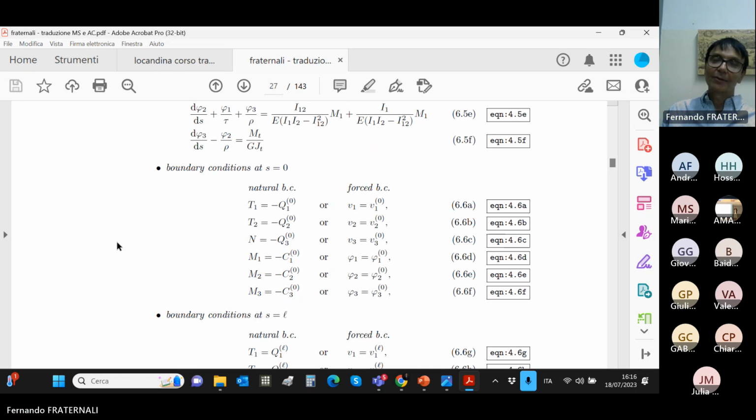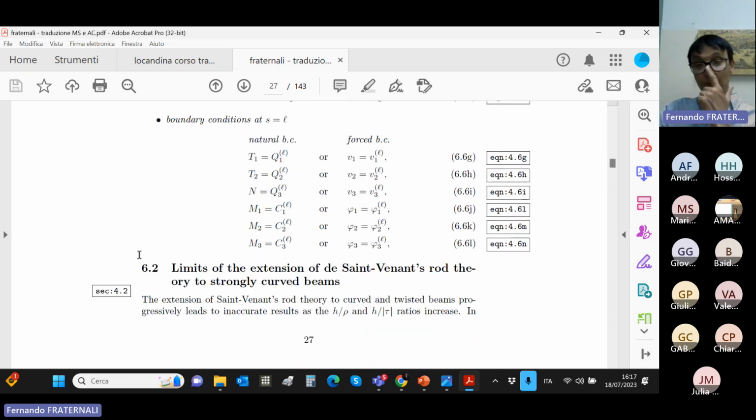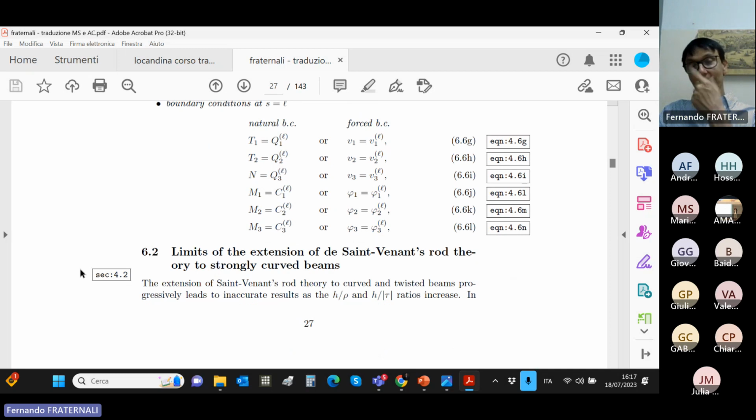Those equations that we have presented before are not exactly valid for beams with strong curvature. If you have a beam which has a strong curvature, we cannot use the constitutive equations that we have seen so far. So what can we do?